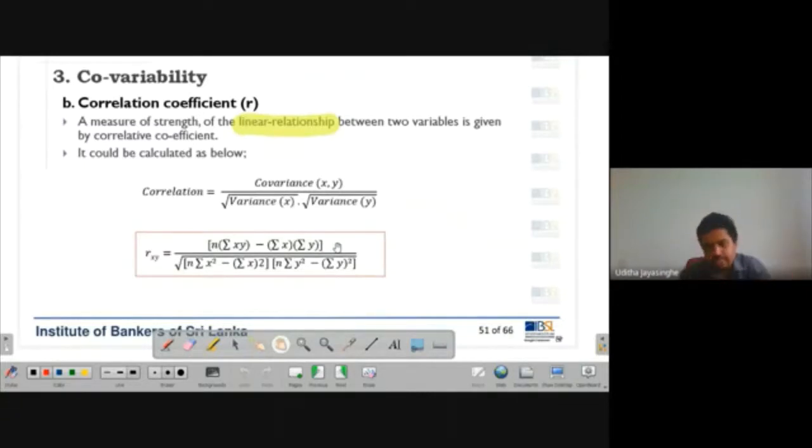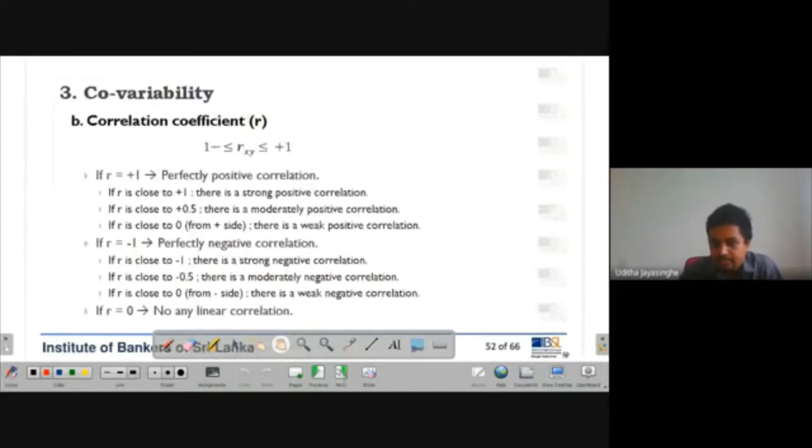Okay, having said that, this linear relationship between two variables will be given by the correlation coefficient as the indicator. Importantly, unlike the other indicators, we will learn in a while that this comes with a scale.